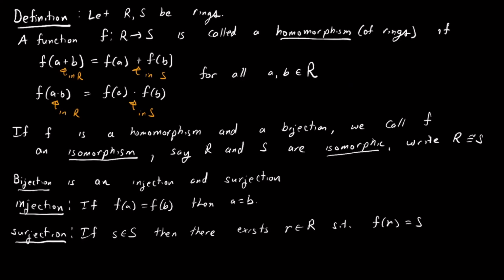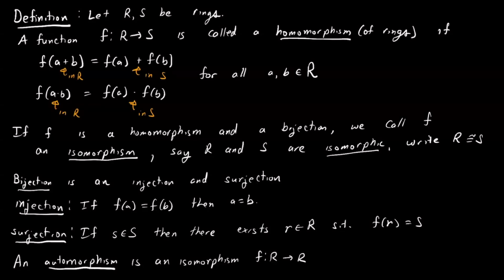So this basically says that every element of S comes from some element of R. It says if little s is an element of S, then there exists a little r in R such that f of r is equal to s. So this is just a quick reminder, and I'll link a video below if you're uncomfortable with some of these ideas of bijection, injection, surjection, or maybe haven't seen them in a while, that does a review of some of these. So I'll link this in the description.